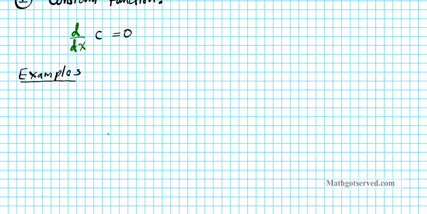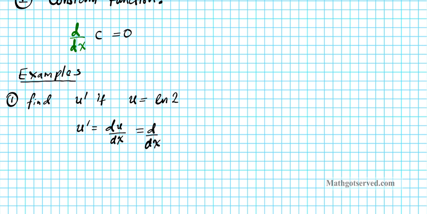The task is to find u prime if u is equal to the natural logarithm of 2. How do we do this? Remember that u prime is just another way of writing du/dx. So what we're looking for here is the derivative d/dx of the natural logarithm of 2.